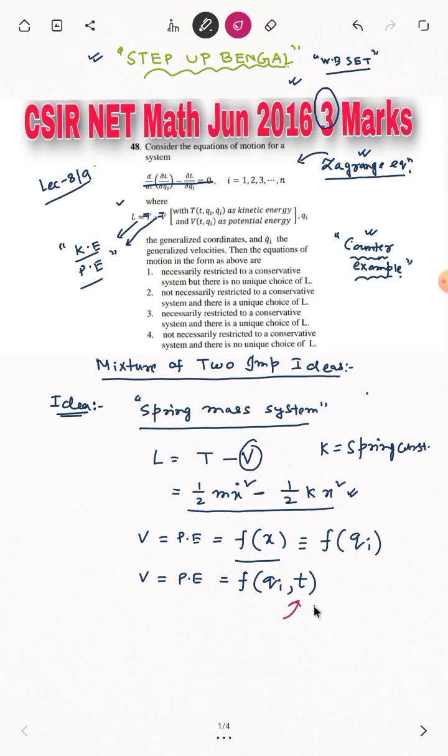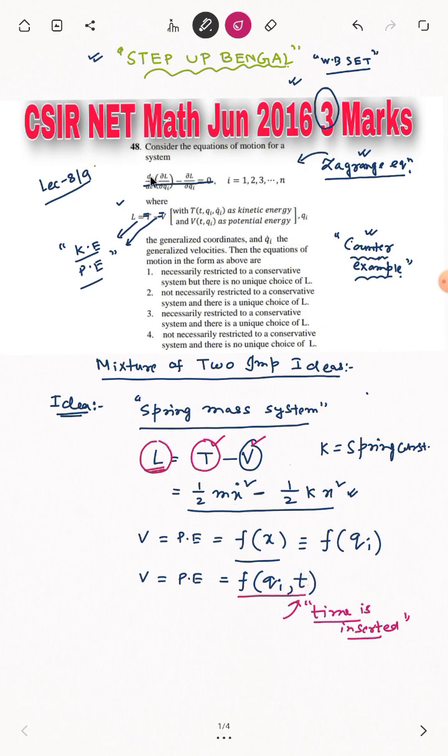If t is inserted, that means time is inserted in the expression of potential energy, then this particular L, which is ultimately written as the difference of T and V, will also contain qi comma t type. That means t will be inserted in L also.